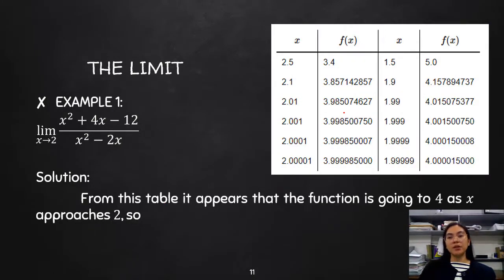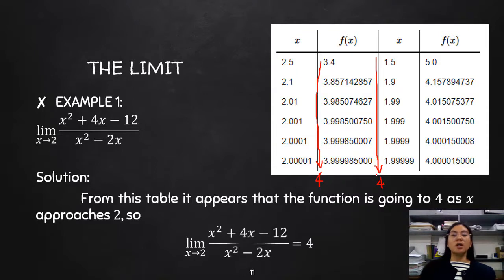From the table, it appears that the function is going to 4 as x approaches 2. It gets closer and closer to 4 as we plug in values very close to 2. So this means that the limit of the function x squared plus 4x minus 12 divided by x squared minus 2x as x approaches 2 is equal to 4. That is the answer.